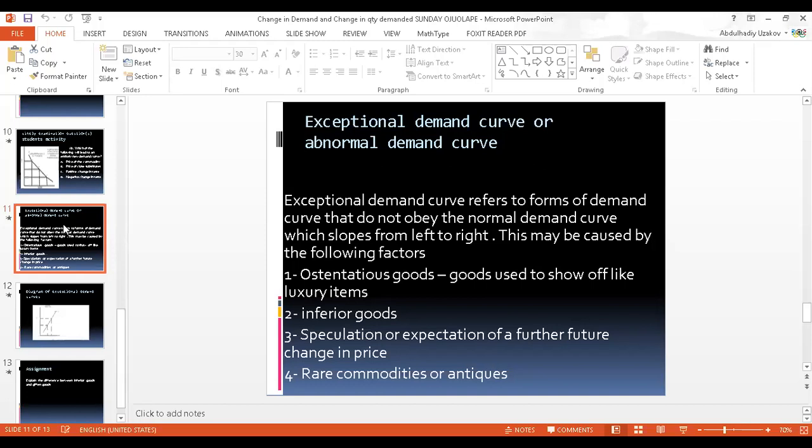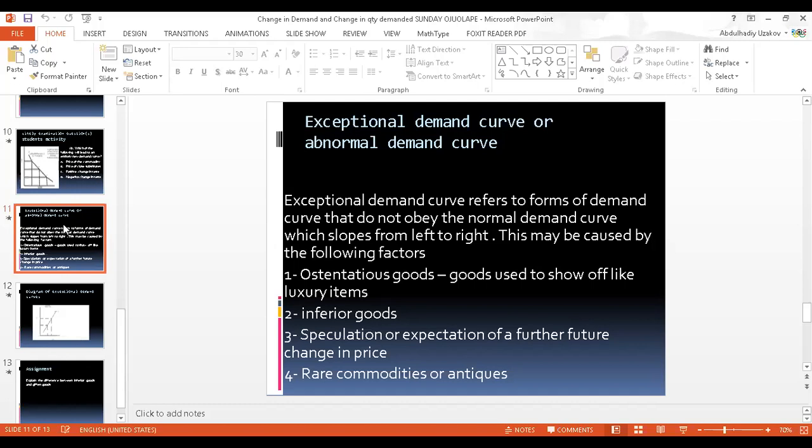So when a particular item has increased in price, they feel that is the time to acquire more of that item, or that is the time to let people know that I can afford it. So they go ahead and get more of such items. They are referred to as ostentatious goods, goods that are used to show off, luxury items.